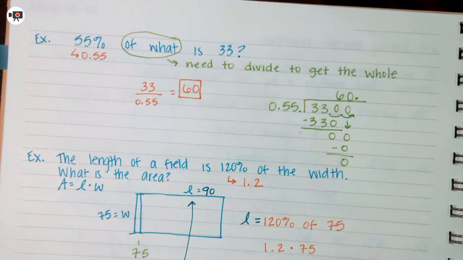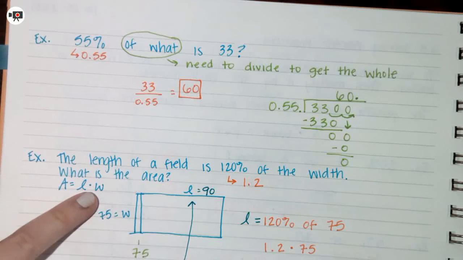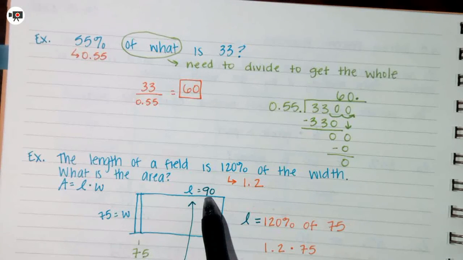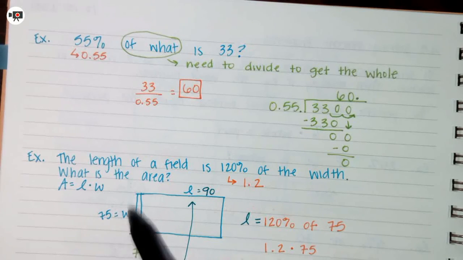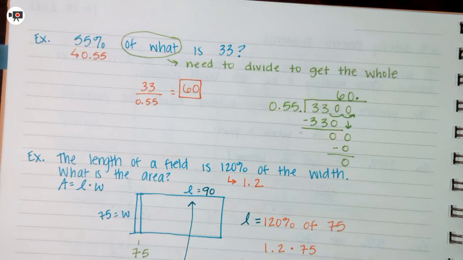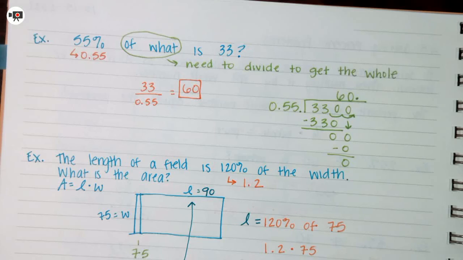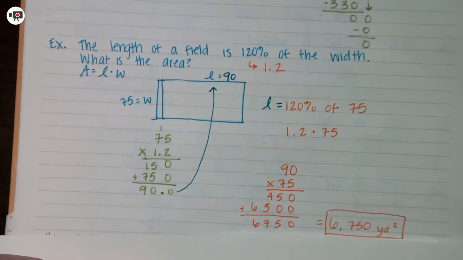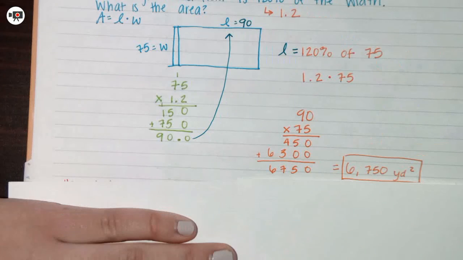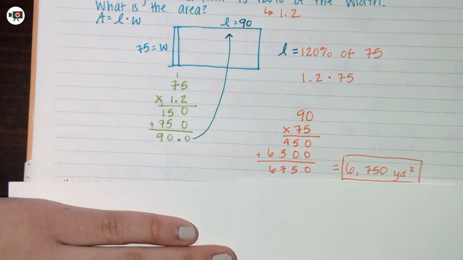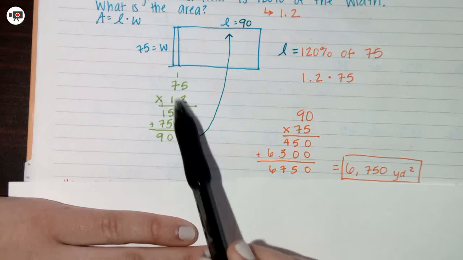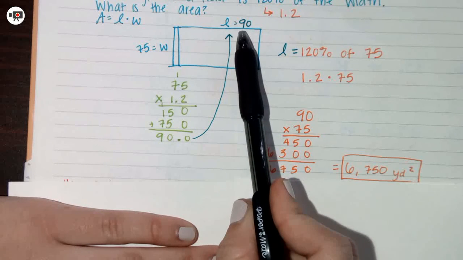And now to find the area, I'm doing the length times the width. So I'm taking my length of 90, multiplying by my width of 75, and my answer is 6,550. Oh, that was way off screen, I'm sorry. So, here's the work, 75 times 1.2 to get 90.